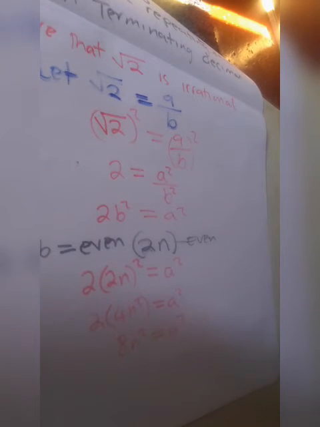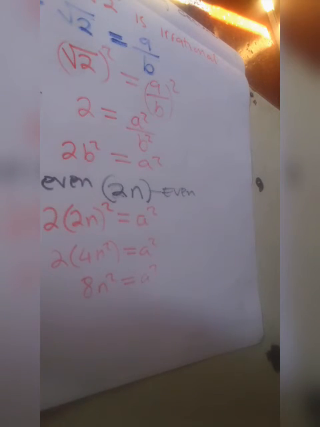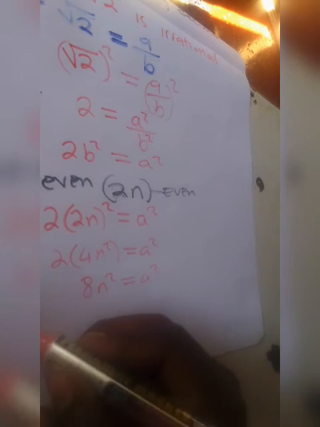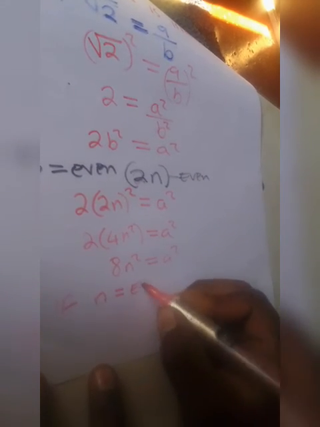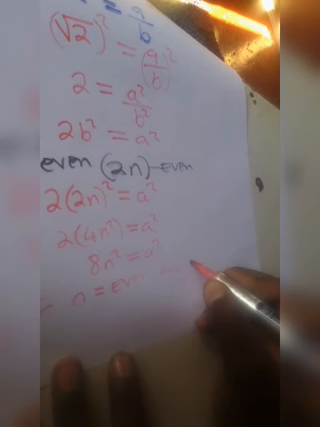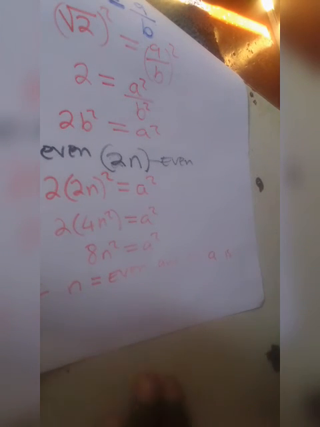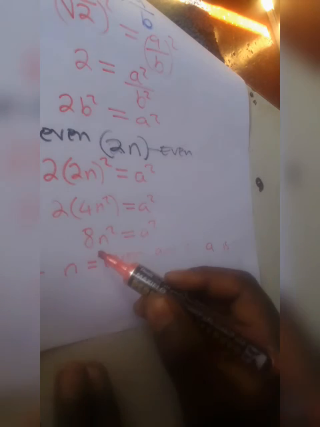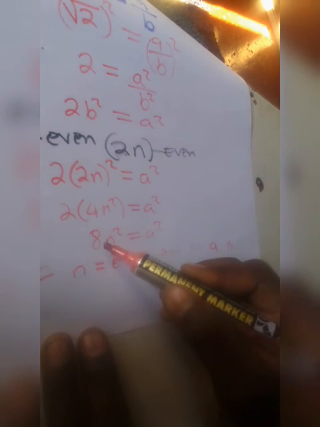Then let's try to see now. Now that you have done this, if n is even, and so A is even, because if you can square a number, it means it has a multiple of 2. Let's say this n, for you to find the value of A, it means it has got a multiple of 2.